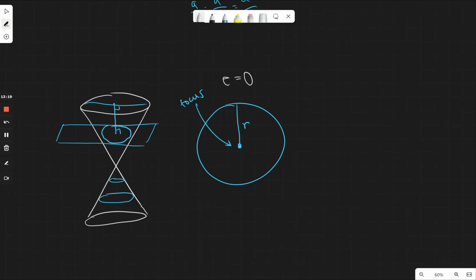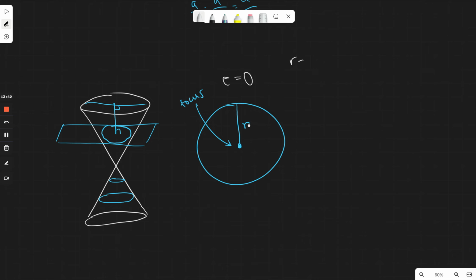That means the ratio of the distance from any point on that circle to the center, the radius, over the distance to the directrix has got to be 0. But the radius is certainly a finite amount, right?